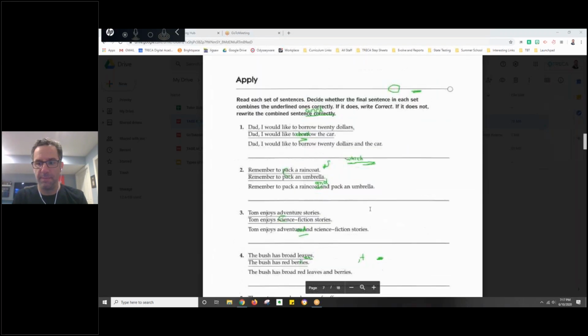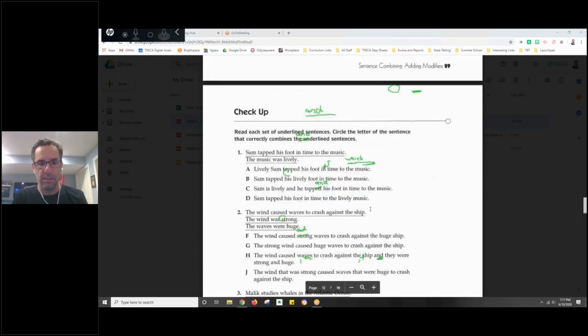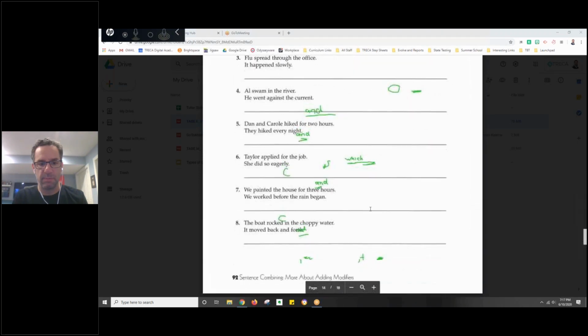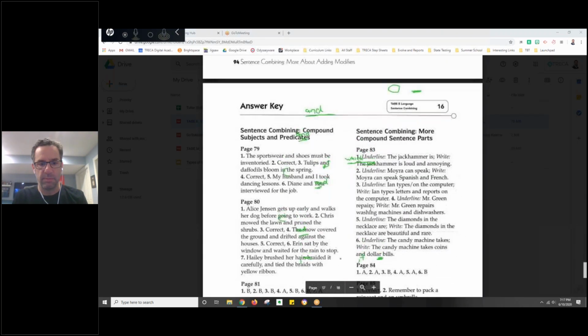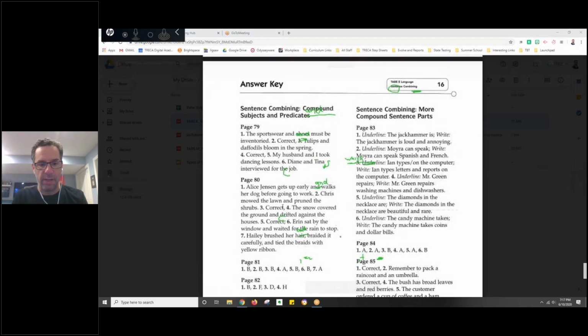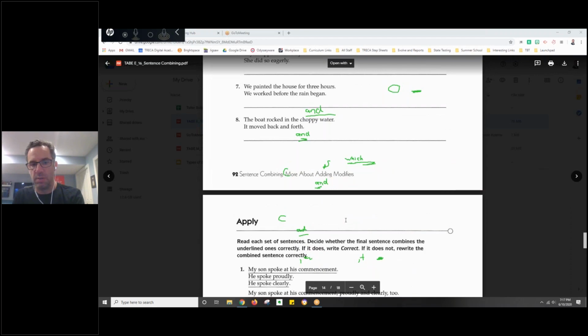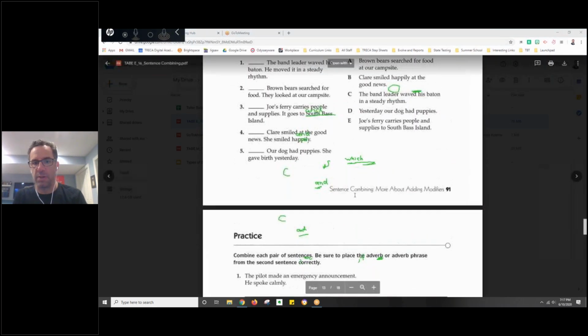Let's see if we have answers. So page 80, 3 is correct, 5 is correct. And then number 7 actually says Haley brushed her hair, braided it carefully, and tied the braids. So let's do this. Oh no, that doesn't work.